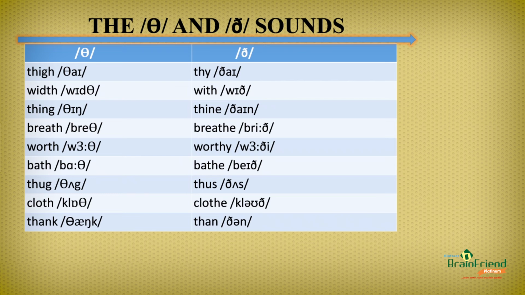The first column is th and the second column is the. Let's look at the words side by side.